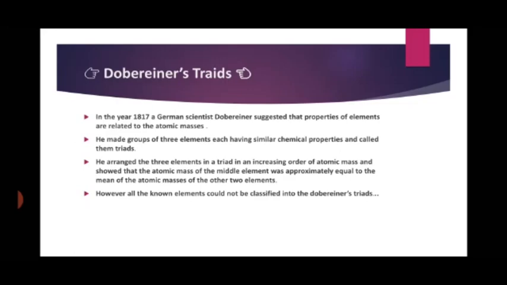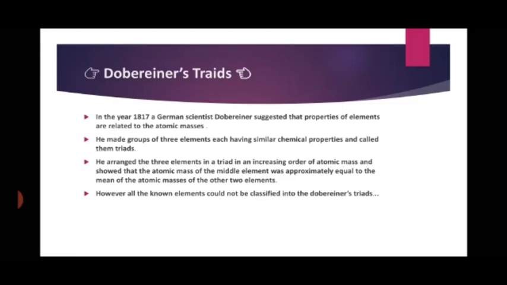He made groups of three elements, each having similar chemical properties, and called them triads. He arranged the three elements in a triad in the increasing order of atomic mass.